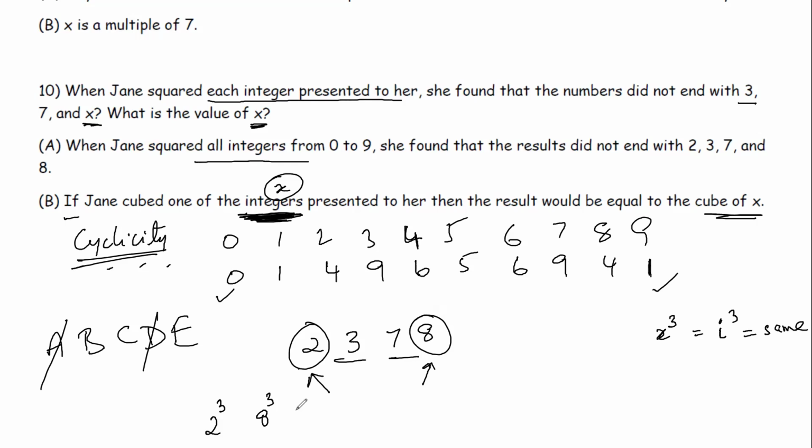It's simply stating that when Jane cubed one of the integers presented to her, the result would be equal to the cube of x. So it would be either 2 cubed or the cube of x.